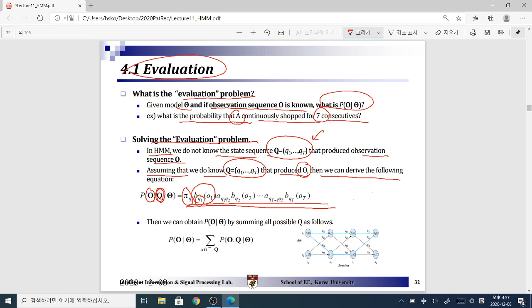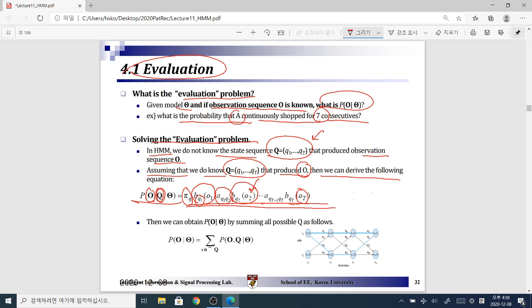Then there's a state transition from Q1 to Q2, and then we have the emission probability at state Q2 with this specific observation, and so forth, up until, say, OT as the last observation.